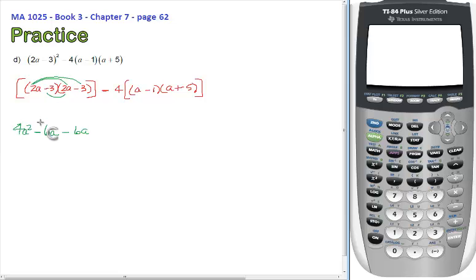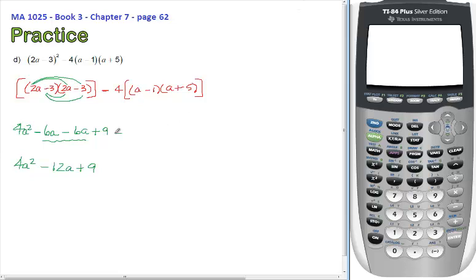And the last one is minus 3 times minus 3, which is plus 9. Now see these two here, like terms, aren't they? So I can now add those two together to give me minus 12a plus 9. So I fully expanded that one.